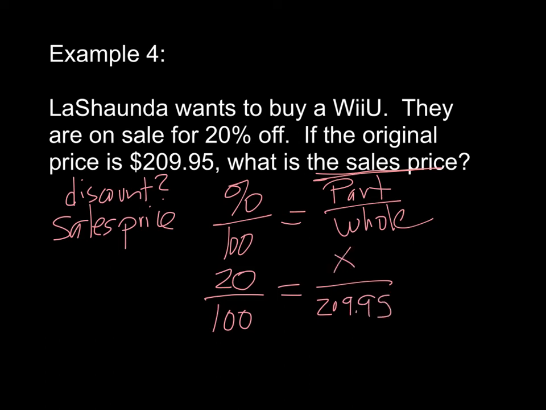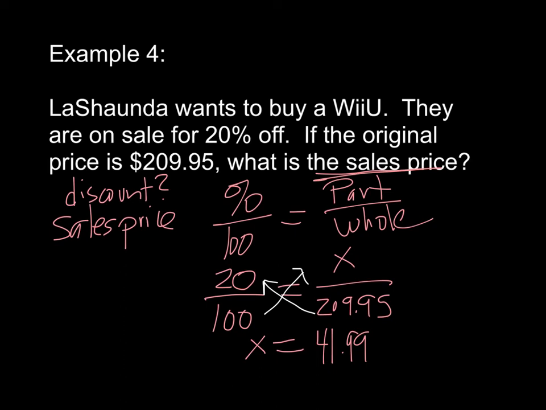We do not know what the discount amount will be. We solve this using cross products, and we will get that X equals $41.99. That is the discounted amount.